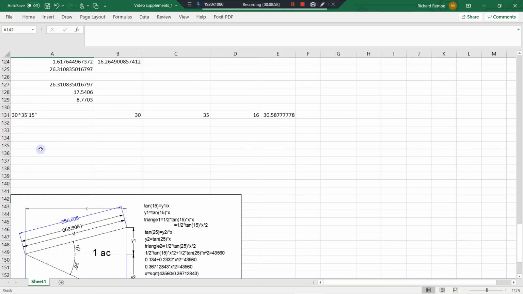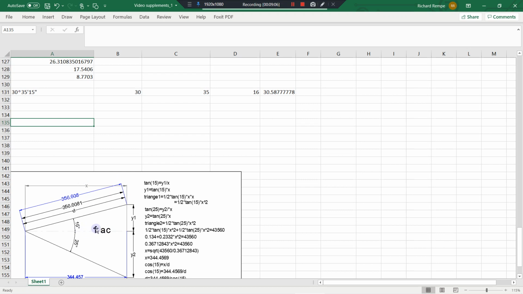If we had, let's see, this was a repeatable problem, you could type in 25 degrees, 15 degrees, right? And then your solution, 43,560. That's the area that you're looking for at the end.